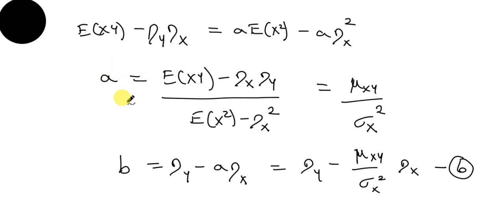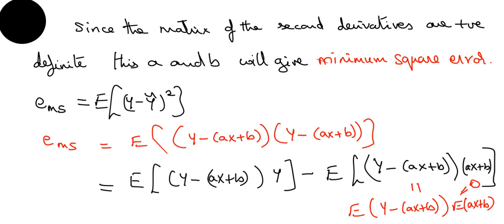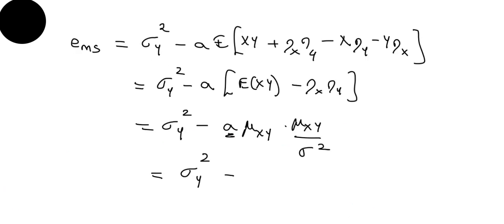In this case, I am having my a to be mu xy by sigma x squared. So this is how we proceed to come down and substitute for our a in this position and replace our a by mu xy by our sigma x squared. So let me now remove this a and replace it like this.